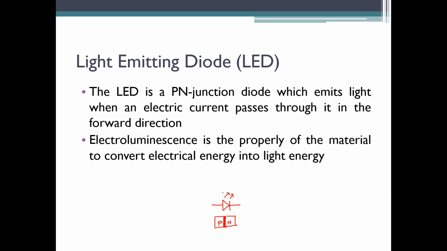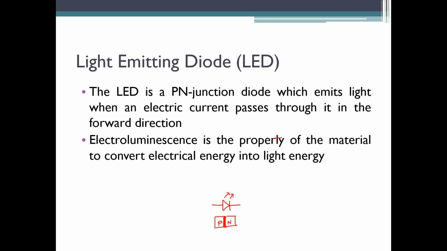So a device which can actually convert any form of energy into light is called an electroluminescence device, or you can call that phenomenon electroluminescence. Electroluminescence is a property of a material to convert electrical energy into light energy.